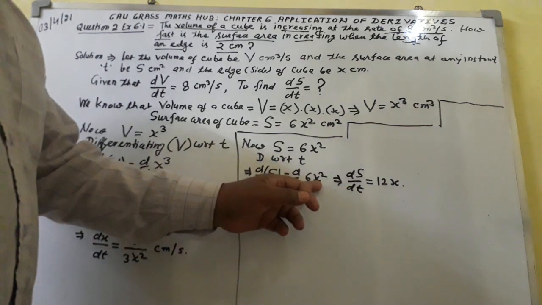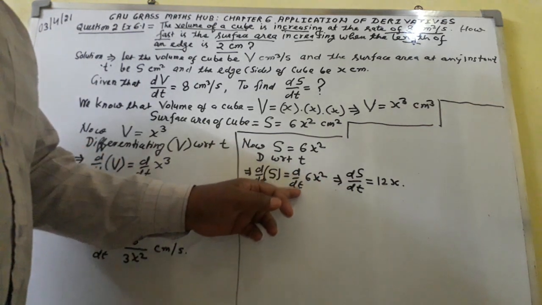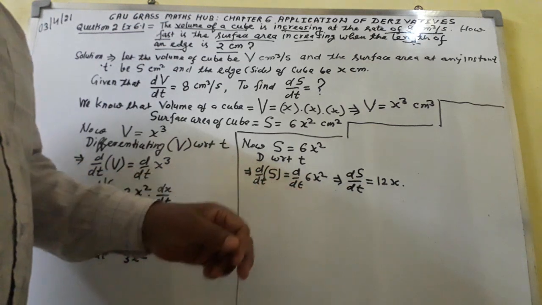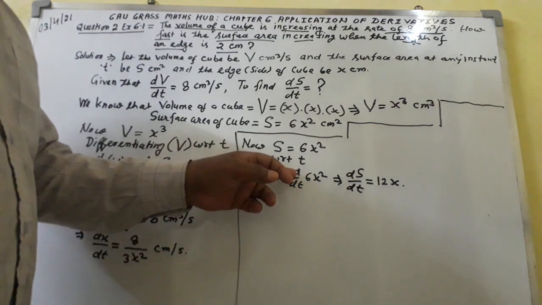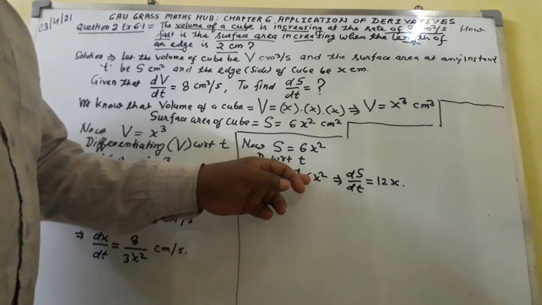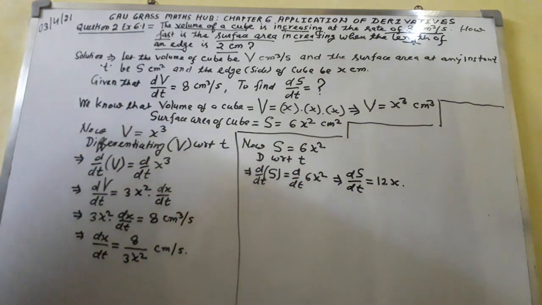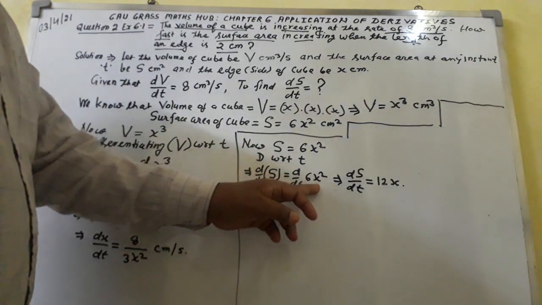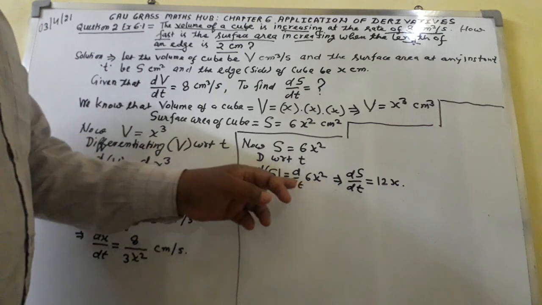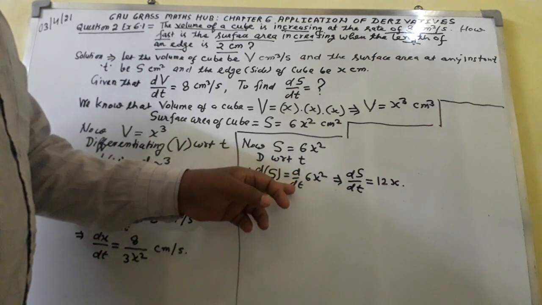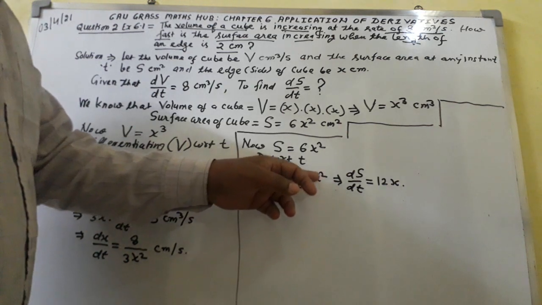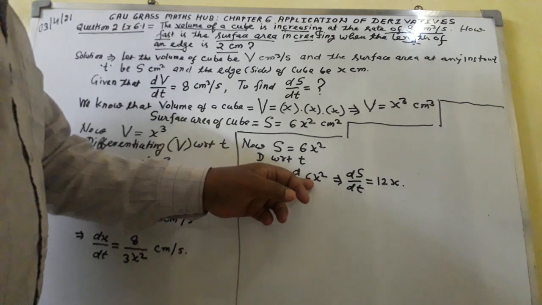Here in the function x is available, in the denominator t is available. x and t are different. That's why d will be conjugated to x, comes out to be dx over dt. Here in place of x, if you write t, d over dt of 6t square comes out to be 12t.